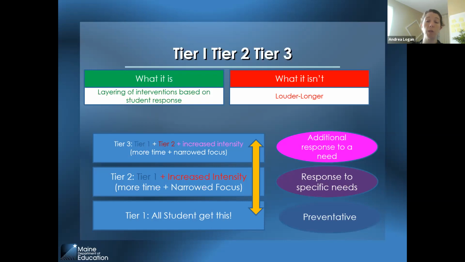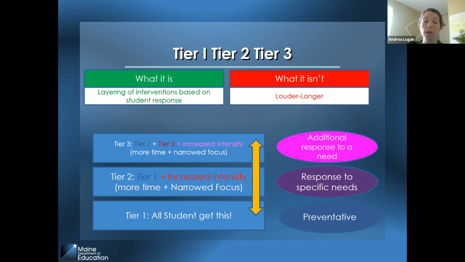And then their Tier 3 primarily becomes their Tier 2, and then the intensive interventions just continue to layer on and on and on. And so decision rules are not only for small groups of kids or individual kids, it's also part of the preventative layer of the tier system as well.